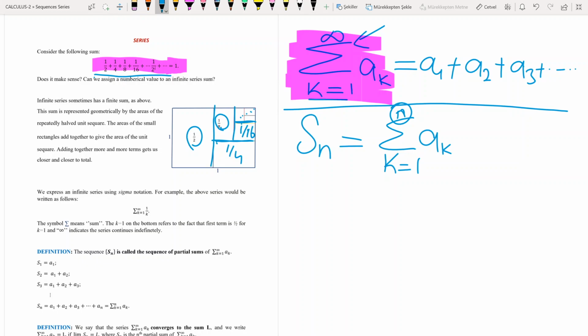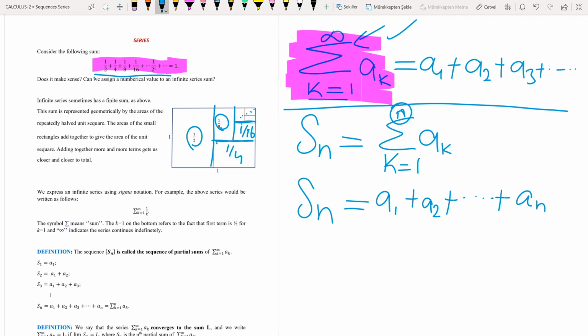What does it mean? For the first term, for k equals 1, you have a1. Then for k equals 2, you have a2. And for the last term, k equals n, we have an. So this is the n-th partial sum of the series.